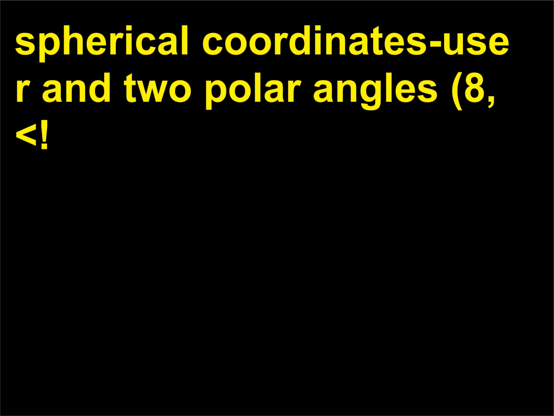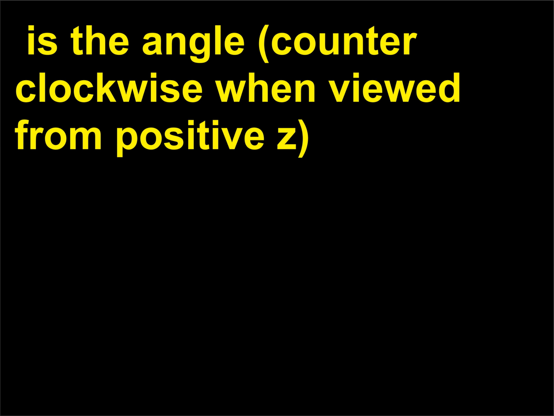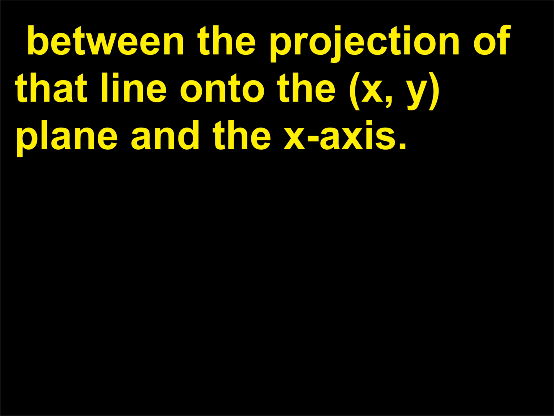For example, θ is the angle between the line to the origin and the z-axis of the Cartesian x, y, z system. φ is the angle, counterclockwise when viewed from positive z, between the projection of that line onto the x, y plane and the x-axis.